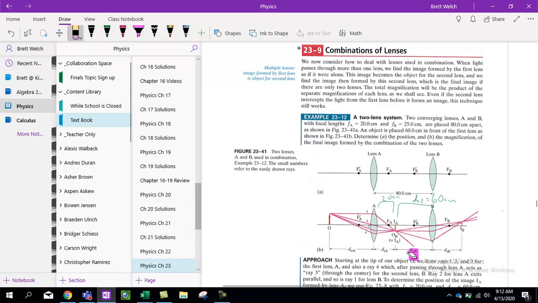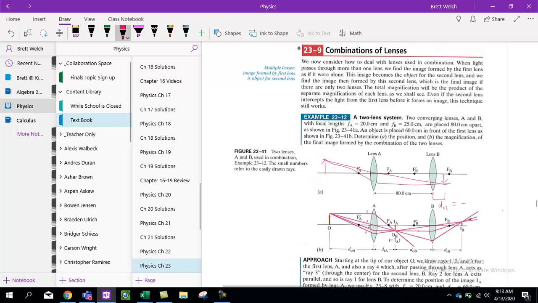One thing you have to be very careful about, and I really want to make sure this is clear: sometimes when we put these lenses together, we end up doing it in a way where the light, and I'm going to exaggerate this a lot, doesn't gather until after we've passed the second lens. What that means for us is that this distance here, DO2, will be negative, because it's on the back side of the second lens.